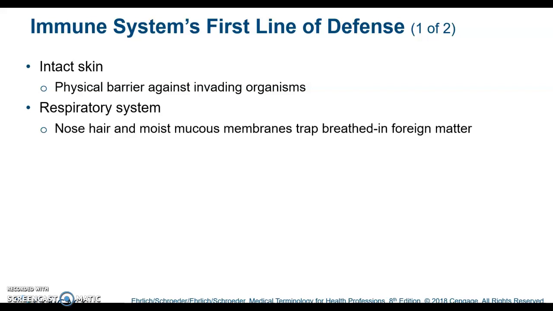So that's one of the components of the first line of defense of the immune system. Then you have the respiratory system, which we're going to look at in just a second. That's why it's also being covered this week, because it has some components that assist the immune system in expelling foreign matter and different gases that the body produces but doesn't need when you inhale and exhale.